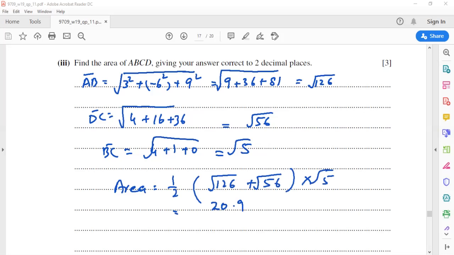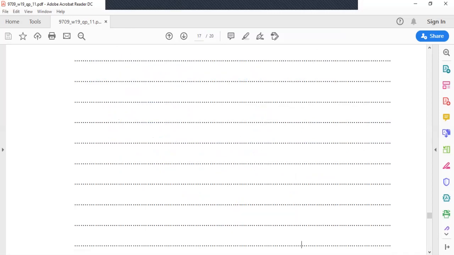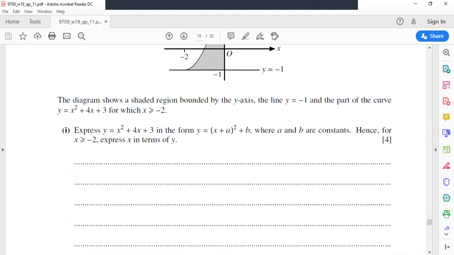Now let's go for the next question, and the last question. Here it says express x squared plus 4x plus 3 in the form given. So first of all, let us express this in the completing square format.